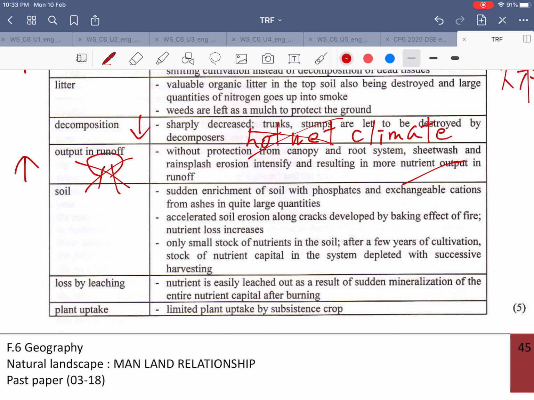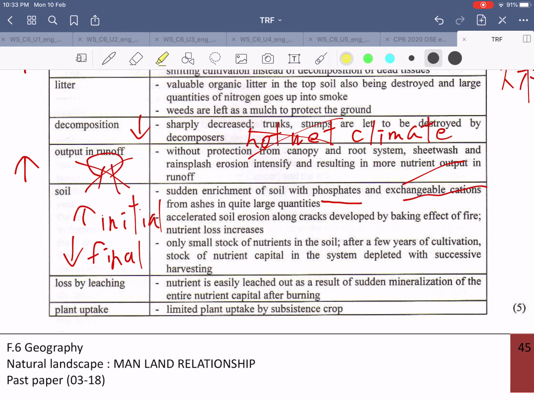How about soil? Soil again at the very beginning is larger. Initial stage is larger, but finally it will decrease. Why? Because at the very beginning, if we burn the forest, a lot of phosphate and lots of exchangeable cations come from the ashes. Cation is an A-level term, but it just refers to the nutrients anyway.